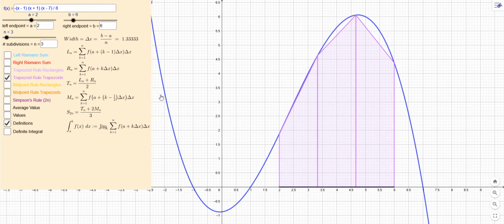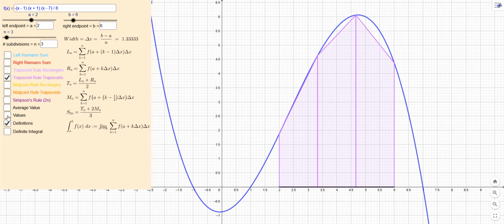But the trapezoid rule is approximating with a linear function on each subinterval, with those linear functions being secant lines, or portions of secant lines. So we have secant line segments for the top of our trapezoids. But the easiest way to find it is just to do the left and right Riemann sums and then average them. So the trapezoid rule is going to give us a little better estimate.